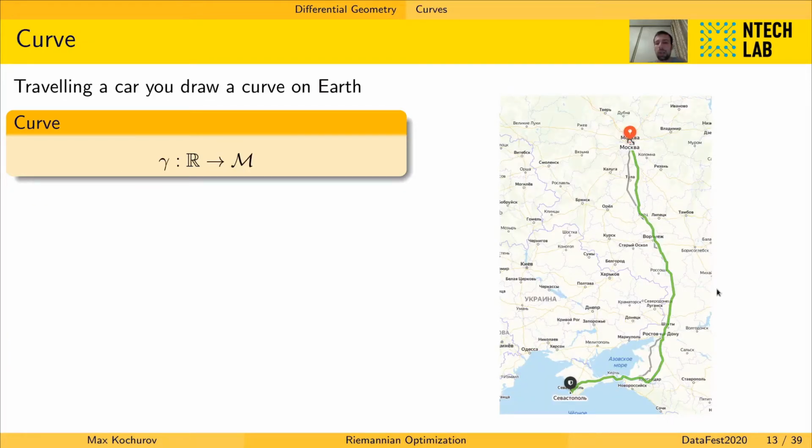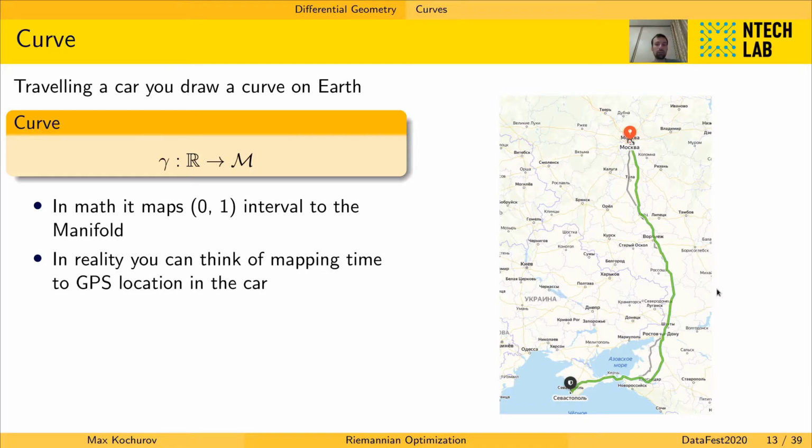On this Earth, you can draw some path, like we travel to Crimea, to the seaside, and our ride by car can be represented as a function that takes a real number, like the time, and outputs our GPS position. We can normalize our travel path by starting from 0 and ending up at 1 in Crimea.